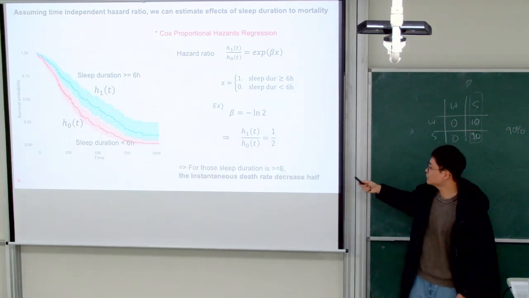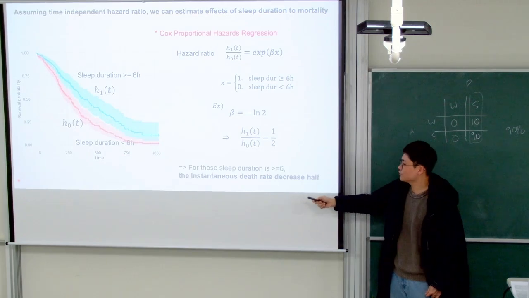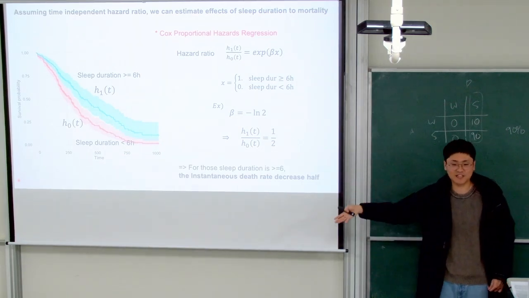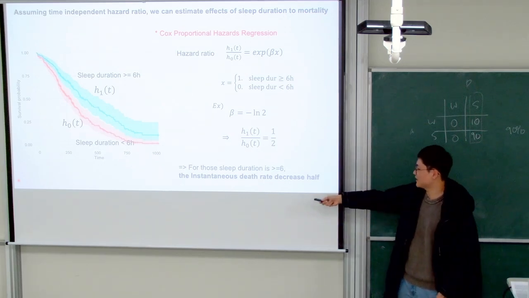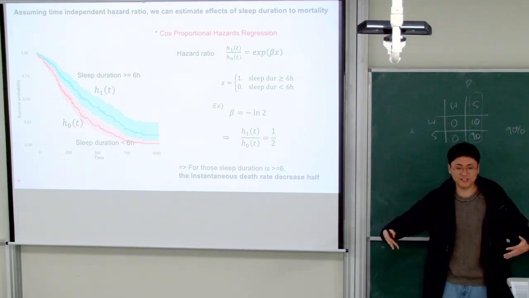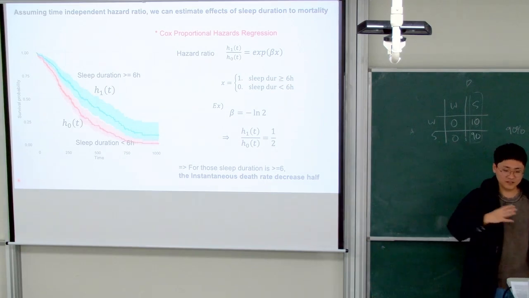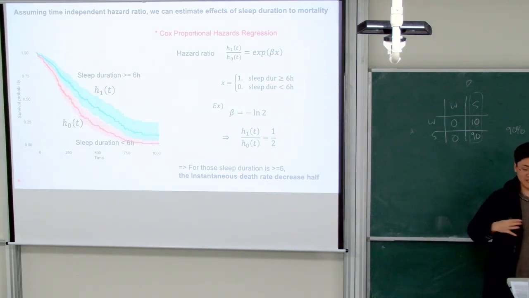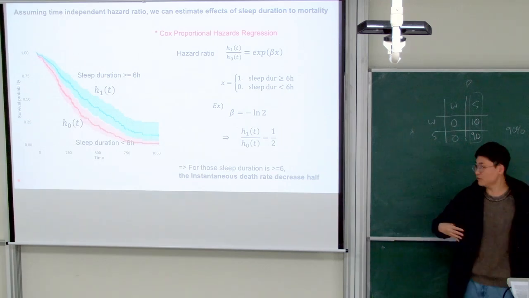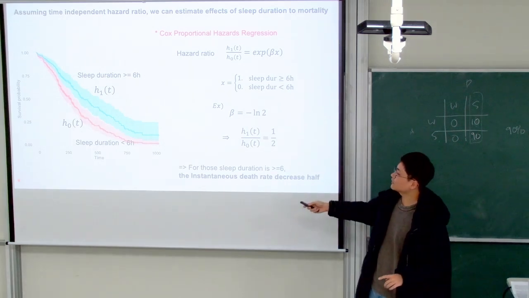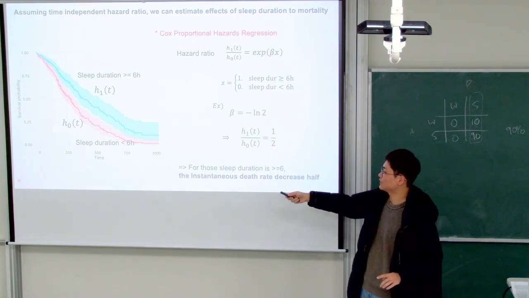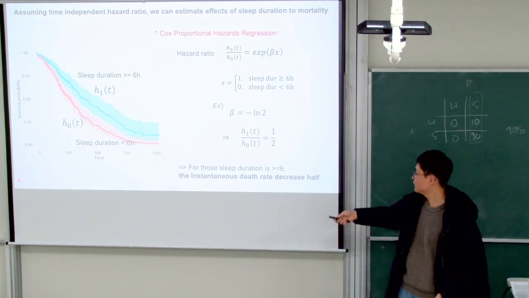That means for those whose sleep duration is larger than 6 hours, the instantaneous death rate would be half compared to those who slept less than 6 hours. So in this way, we can analyze the association between sleep and death rate.